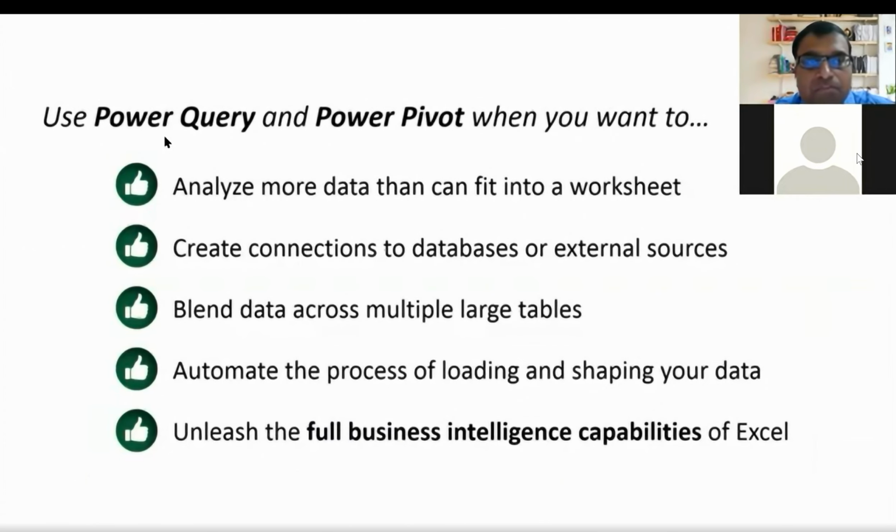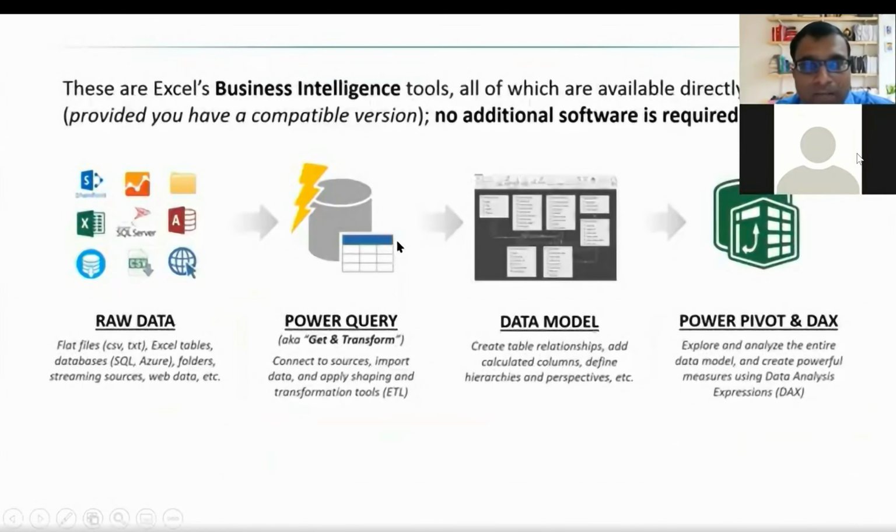So this is how this whole thing actually works. In Power Query or Power Pivot, you have these steps basically, and we will do all the steps. You have raw data, which is in the form of the 8 files that I have shared with you. Then you have Power Query, that is get and transform. Here again, we don't have to write code. There is a coding language used in Power Query called M language, M code.